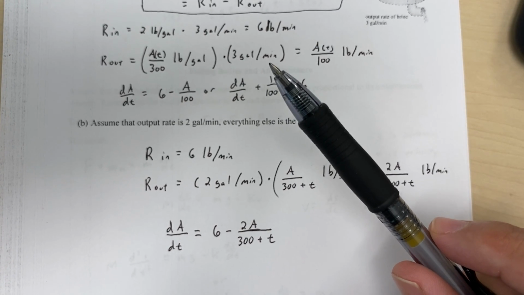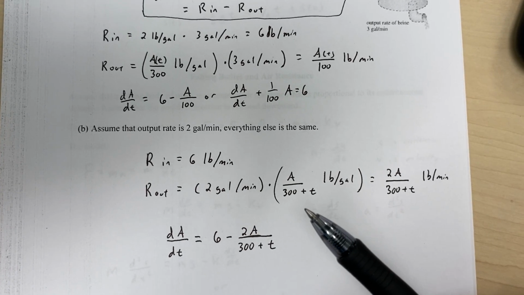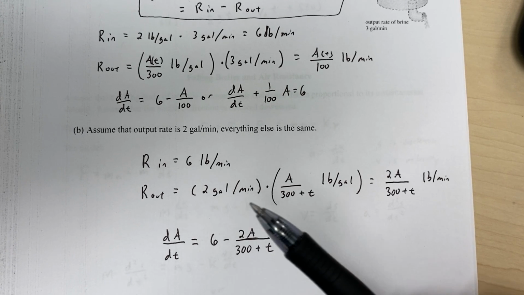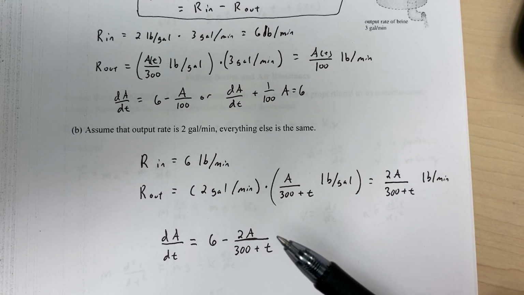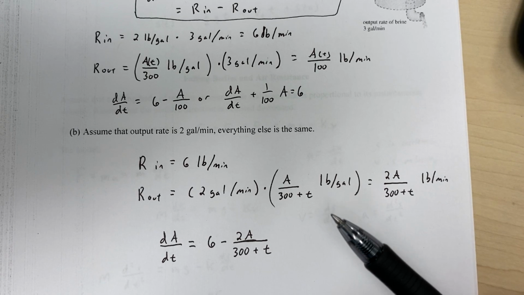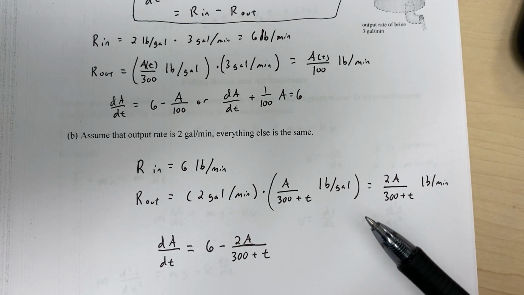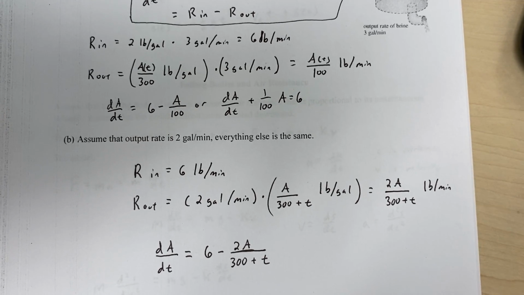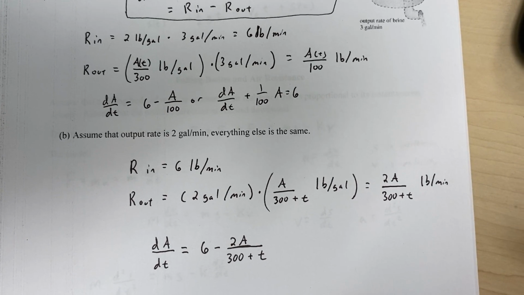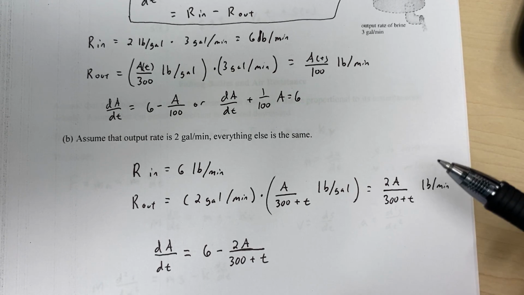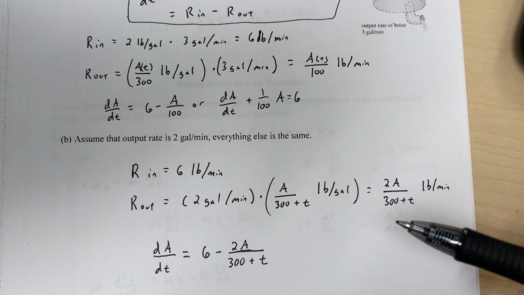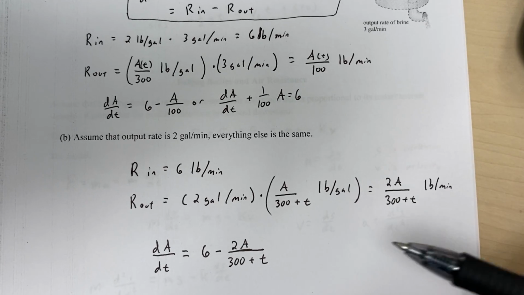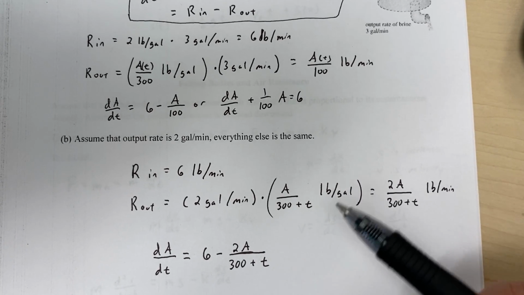Because more is coming in than is going out, with 3 gallons per minute coming in as opposed to 2 gallons per minute going out, we're going to have an extra gallon every minute going into our tank, because the output is a little bit less than the input.